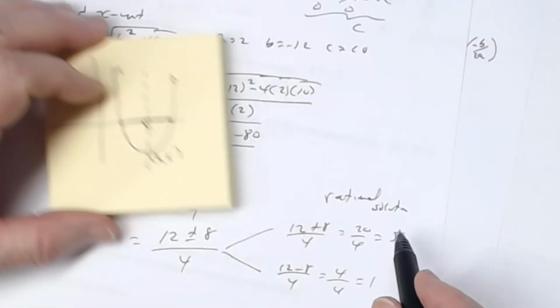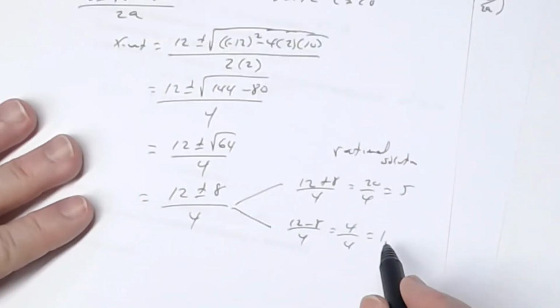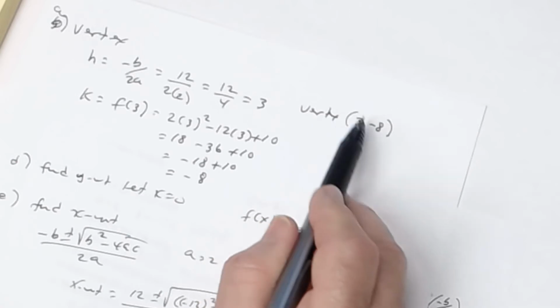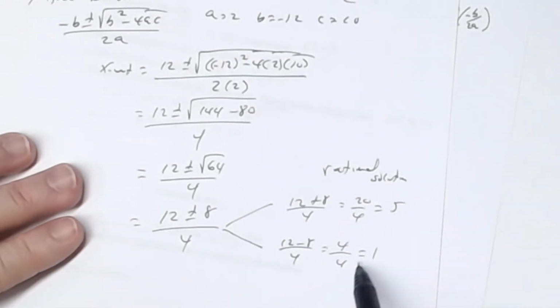So watch. 5 plus 1 is 6. 6 divided by 2 is 3, and that's what we have. The x coordinate is 3. So always verify that you did not make a mistake here.